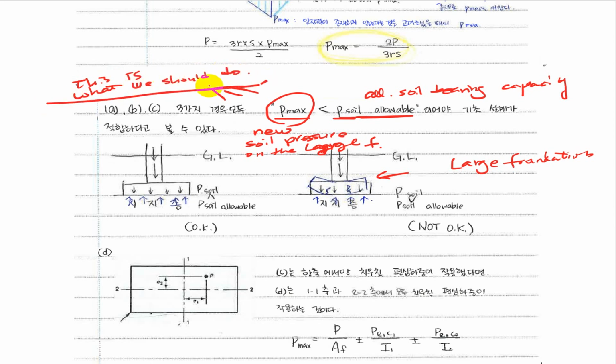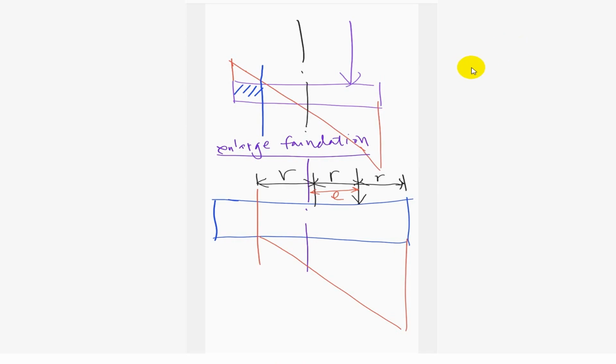Alright, then what we can do is this. This is the original foundation right here. This original foundation will be separated in this region. This is the tension region because of your overturning moment due to this eccentricity right here.